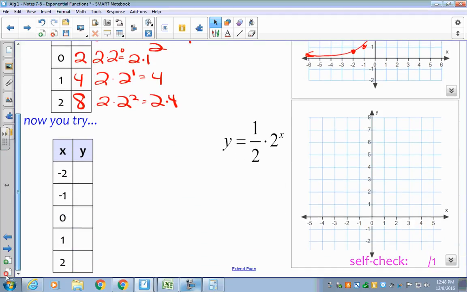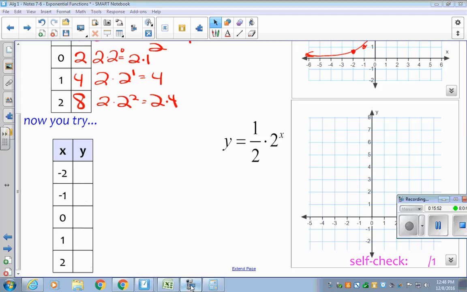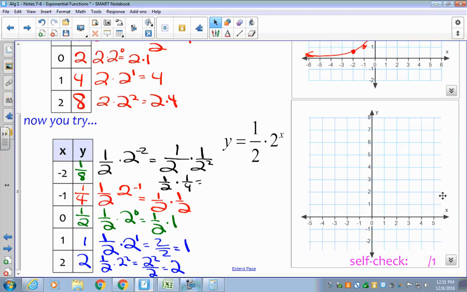Okay, guys, take a second and try this with 1/2 times 2 to the x. All right, so when you plug in the -2, you end up getting a 1/2 squared. That is 1/4, and 1/2 times 1/4 is 1/8. 1/2 times 2 to the -1, the 1/2 stays, and the 2 to the -1 becomes 1/2.